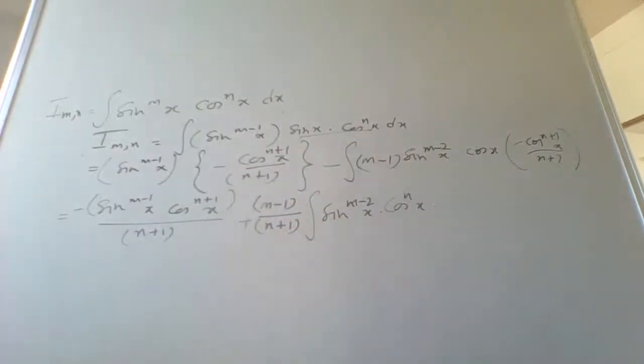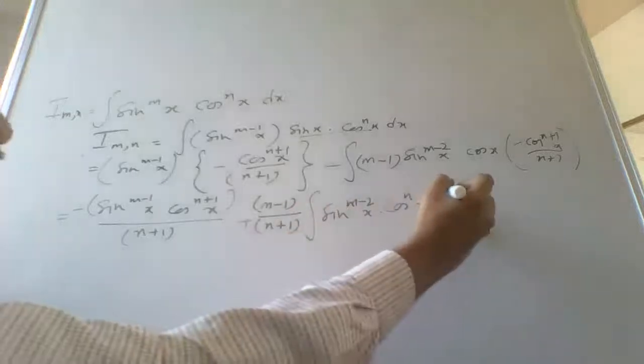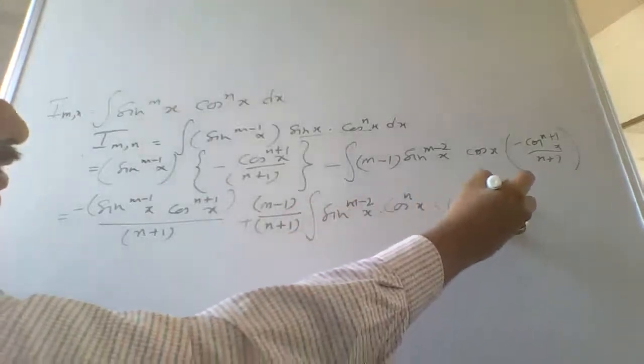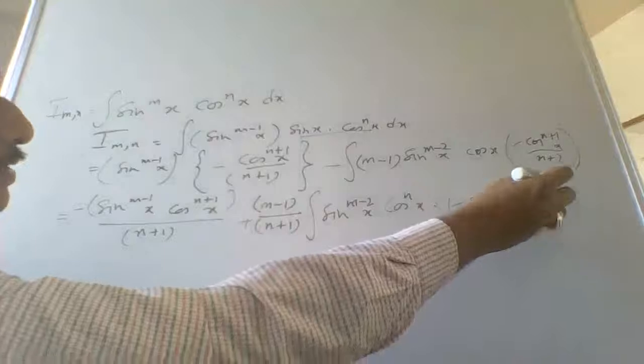Now cos square x is 1 minus sine square x, so I'll be writing 1 minus sine square x and dx.